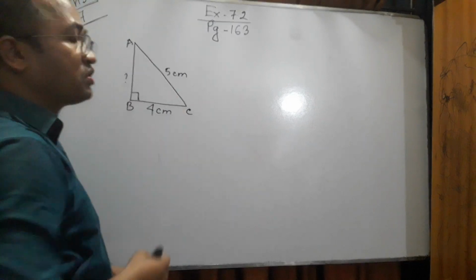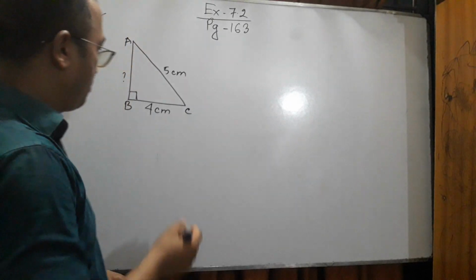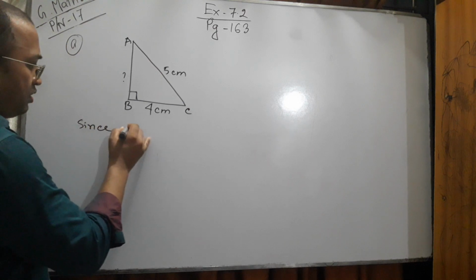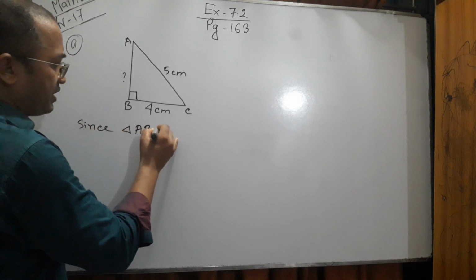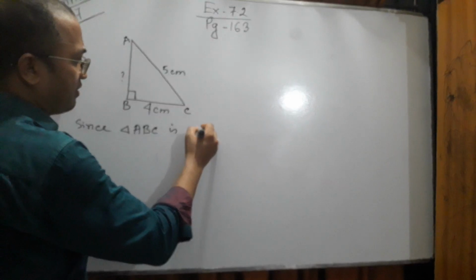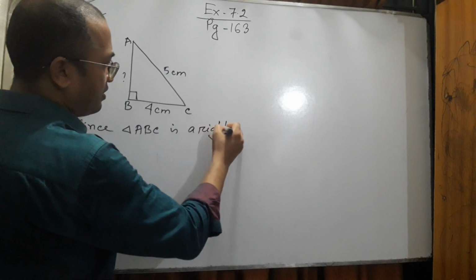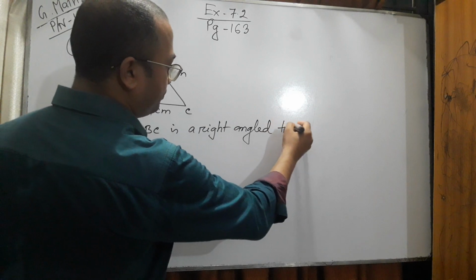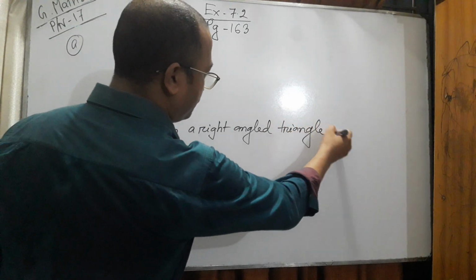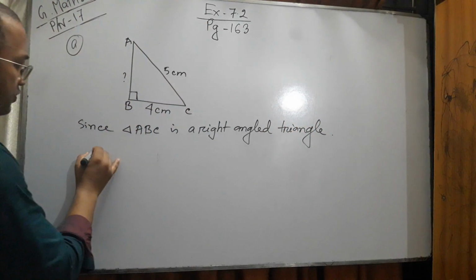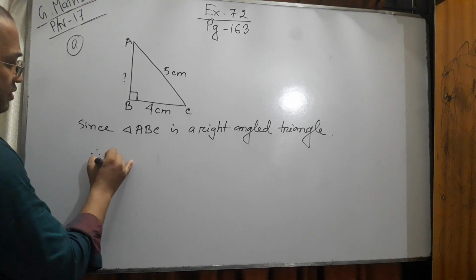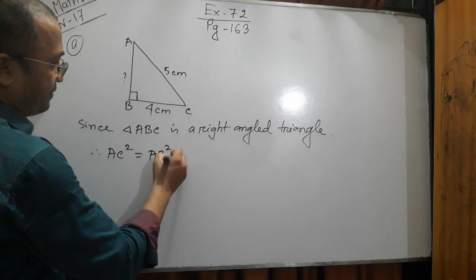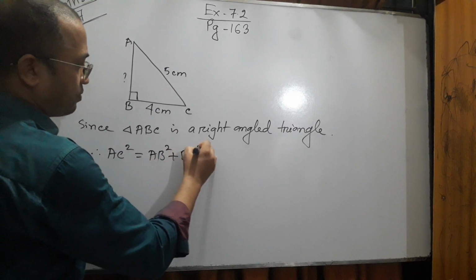So here we will use the Pythagoras theorem. Since triangle ABC is a right angle triangle, therefore AC square equals AB square plus BC square.